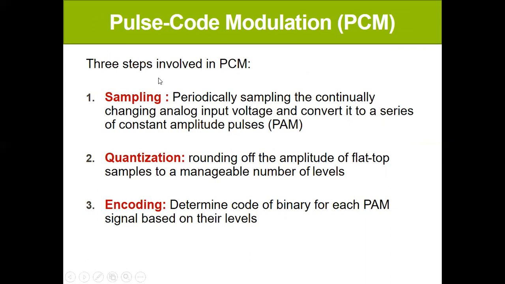There are three steps, as we discussed in our previous lessons, to do PCM: sampling, quantization, and encoding. We have to sample the signal at equal intervals, and here we are focusing on PAM, pulse amplitude modulation.